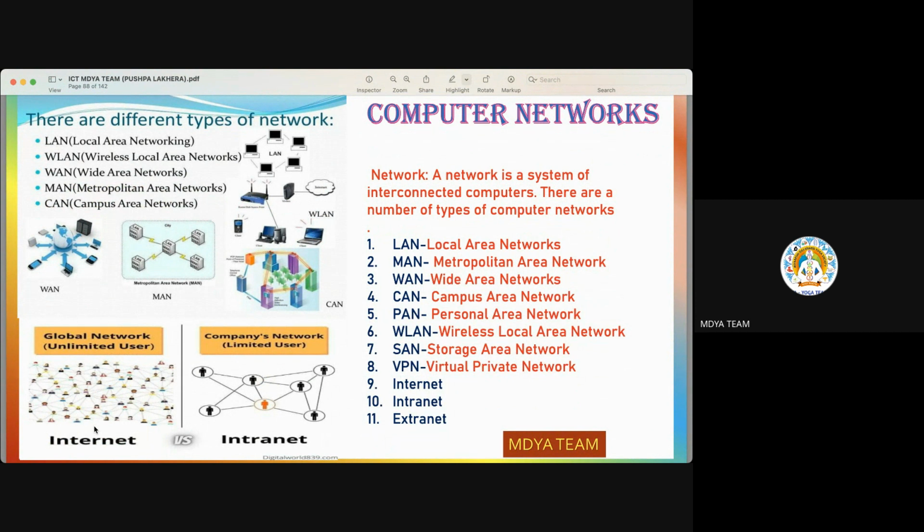And intranet is a private network inside a company or some organization, used over its LAN. When you connect the computers through a LAN, this is the facility through which they can communicate with each other, intranet. Then there is a term extranet.